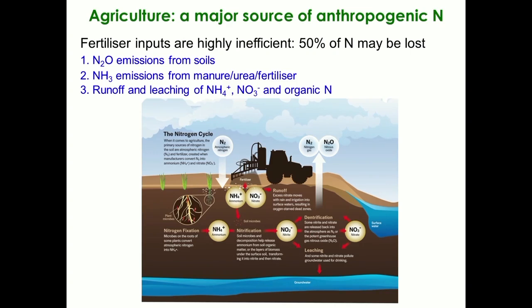Nitrous oxide is particularly concerning because it's also a significant greenhouse gas, which I'll talk a bit more about in the next lecture. And so this also is a major route for atmospheric nitrogen pollution that, as I'll come back to in a moment, can also have quite substantial deleterious consequences.